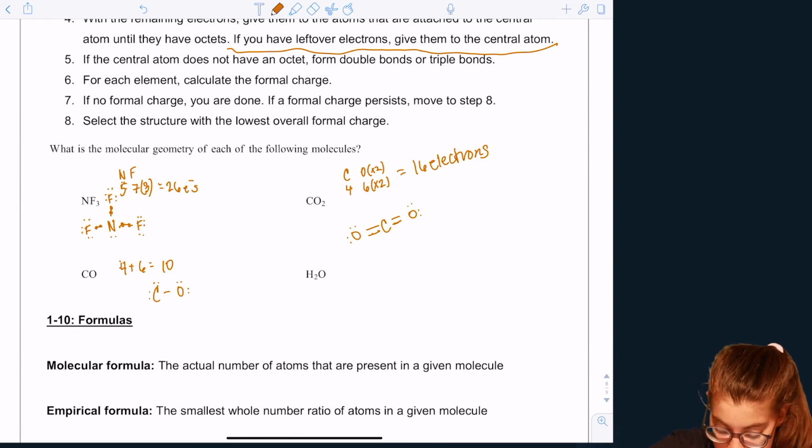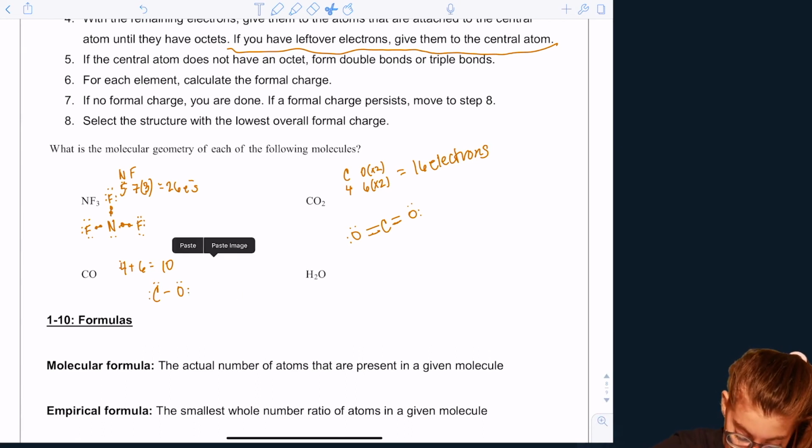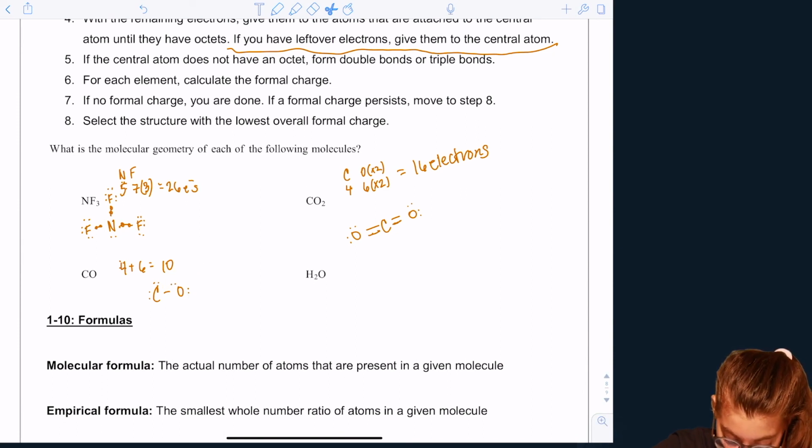So there's 10. Now, does everyone have an octet? Well, no. The oxygen doesn't have an octet and carbon doesn't have an octet. So how about we do what we did with our central atoms and move a lone pair in as a bond. We're going to take this lone pair and move it in as a pi bond.